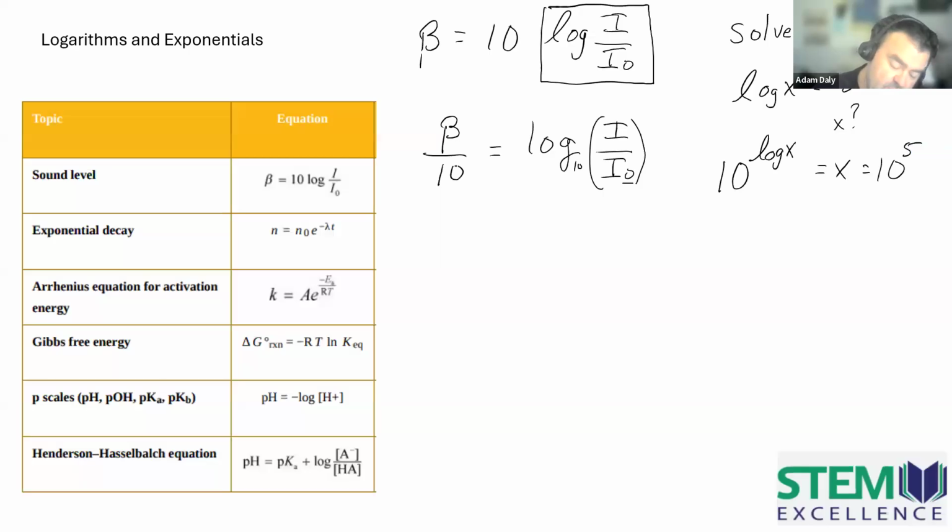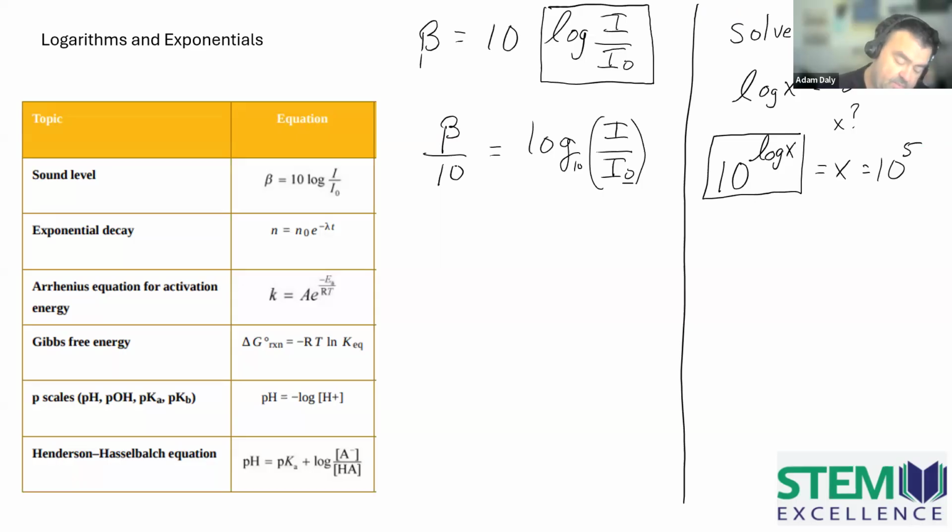So this is a very useful expression, right? 10 to the log x. So anytime we want to clear a logarithm, we always raise both sides of the equation to the power of 10.